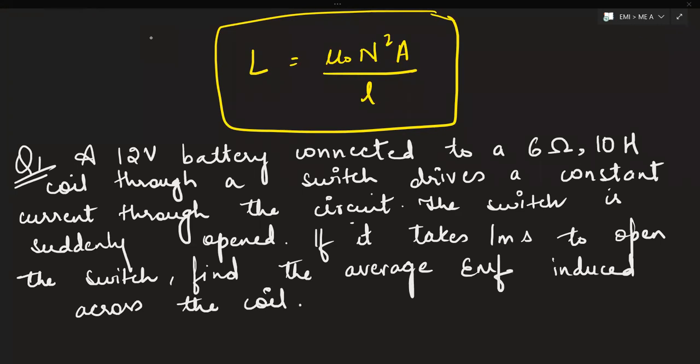Let's try this question. A 12-volt battery is there, a 6 ohm resistor is connected, 10 Henry is the inductance. If the switch is open, the time taken is 1 millisecond, so you have to find out the EMF. Just try, submit your answers, take 2 to 3 minutes.